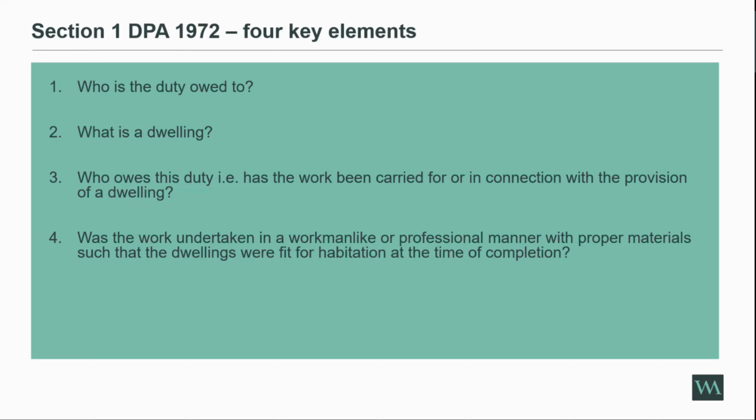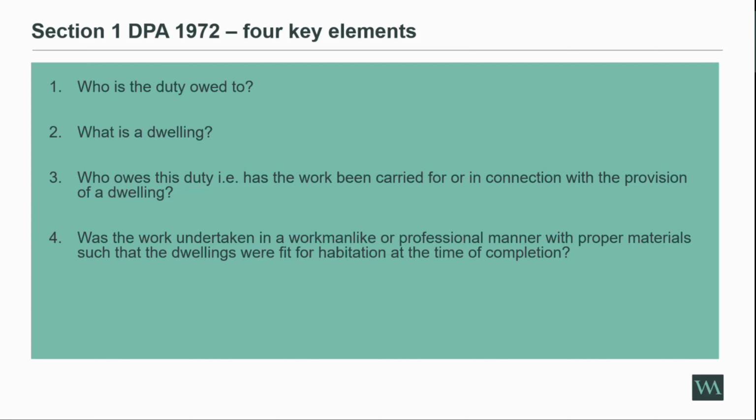There have been a few questions about student accommodation and retirement homes and whether they contain or constitute dwellings. I would say this would turn on the facts of each case, but generally speaking, student accommodation is regarded as a dwelling. You'd need to look at the arrangements in place.